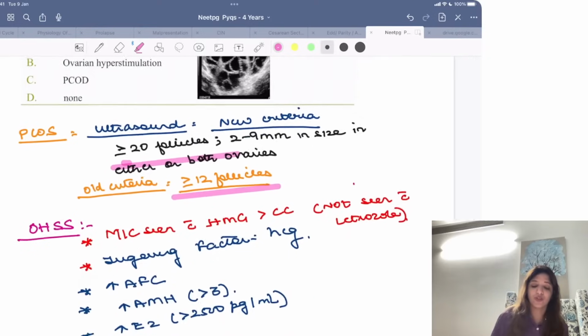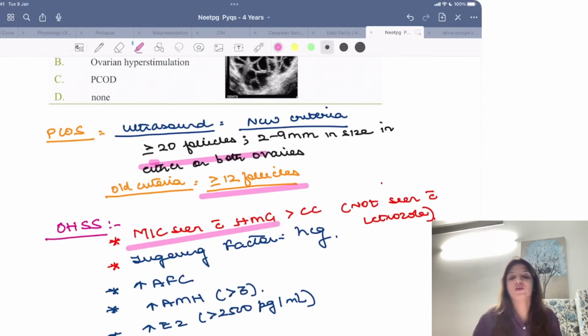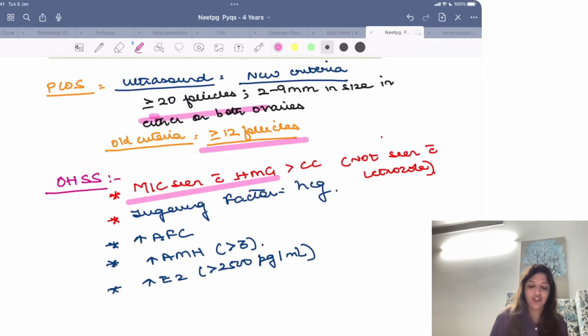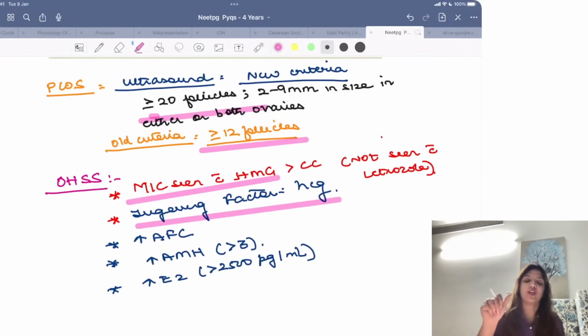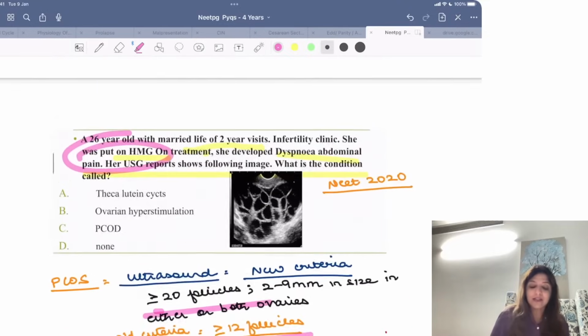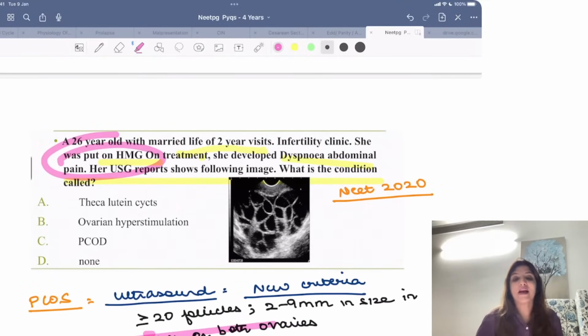Ovarian hyperstimulation syndrome is most commonly seen with HMG, followed by clomiphene citrate. It is never seen with letrozole, right? The triggering factor for OHSS is injection HCG. When you give injection HCG, it triggers this condition. Another thing they are saying is the patient is having dyspnea and abdominal pain. Again, that is a symptom which is seen in OHSS, right?